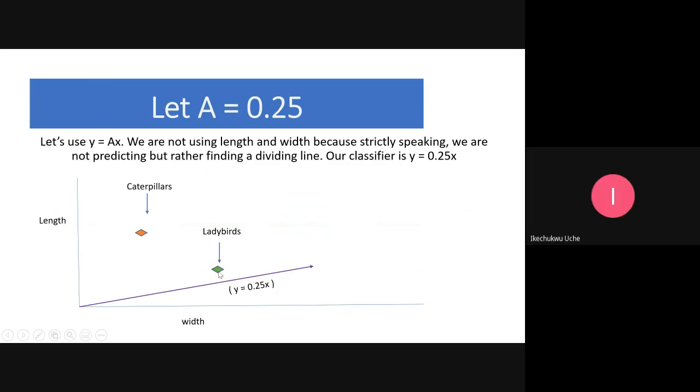And if you replace 3 and 1 into this function, and draw a line through 3, 1, it's going to pass through this point here.